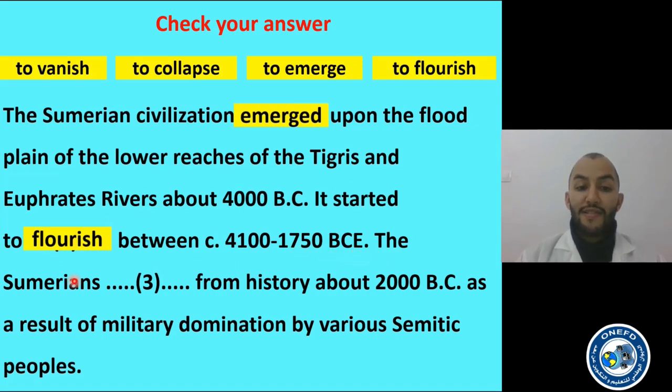The Sumerians vanished from history about 2000 BC as a result of a military domination by various Semitic people. Is that okay? Well done. Let's continue.